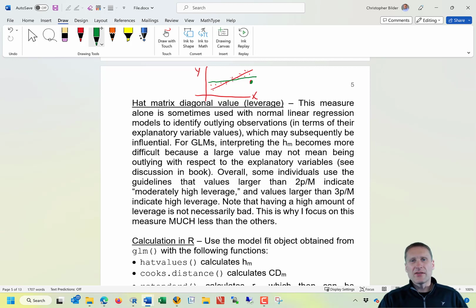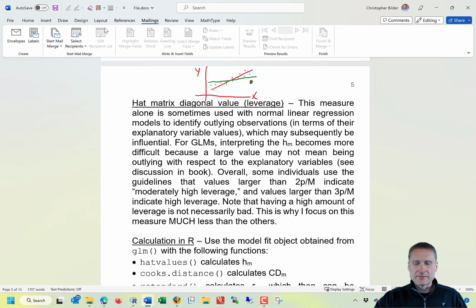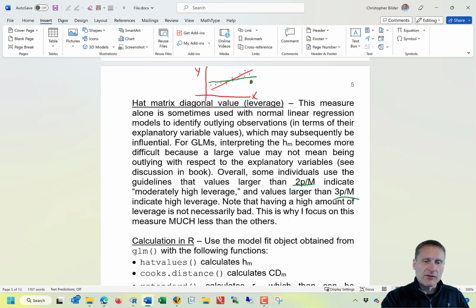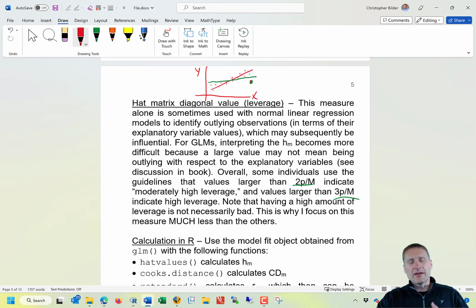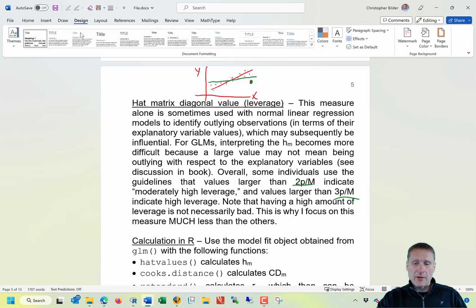But what you will see in some plots coming up, I do include it on my plot because some people do like to look at them. Okay. And note that there are certain thresholds with this too. These thresholds, once again, should be used more as a guide of, okay, I should look into this observation a little bit further to see if there is truly a problem.